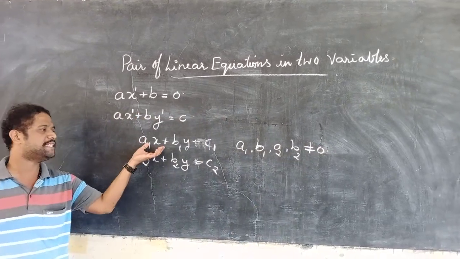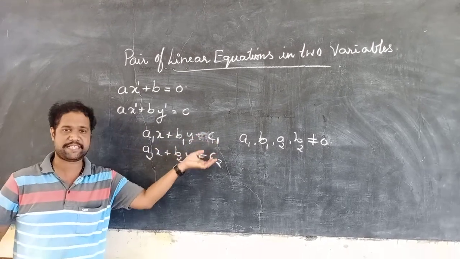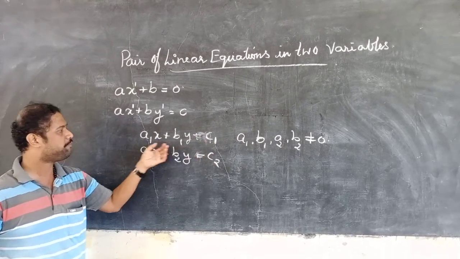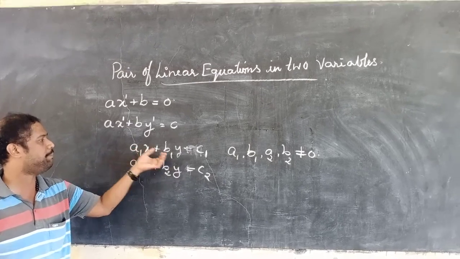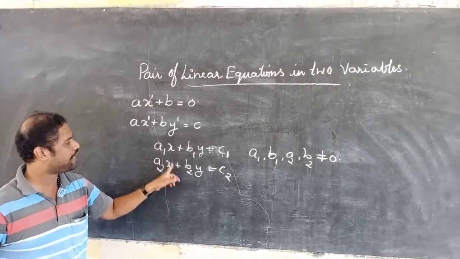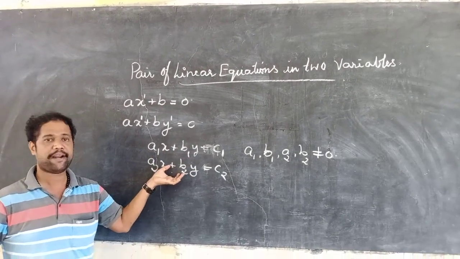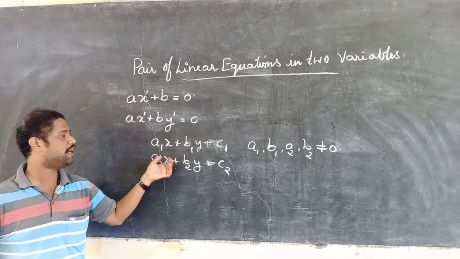If it is equal to 0, then the equation remains in a single variable, or we just get a constant. Therefore, the real coefficients a1, b1 and a2, b2 are not equal to 0, and two equations are there. Then this form of equation is called a pair of linear equations in two variables.